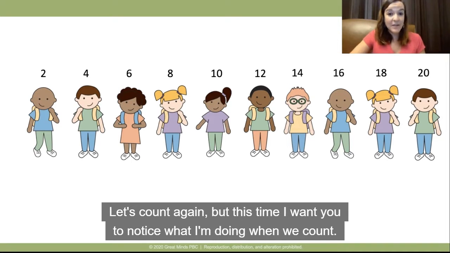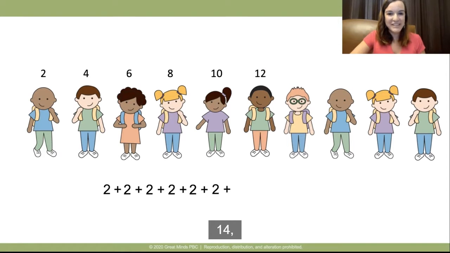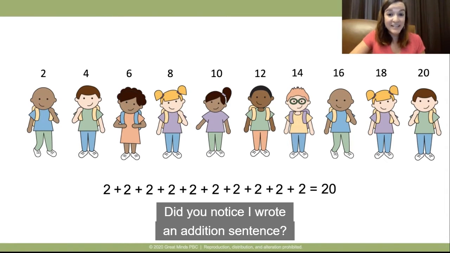Let's count again, but this time I want you to notice what I'm doing when we count. Ready? 2, 4, 6, 8, 10, 12, 14, 16, 18, 20. Did you notice I wrote an addition sentence?